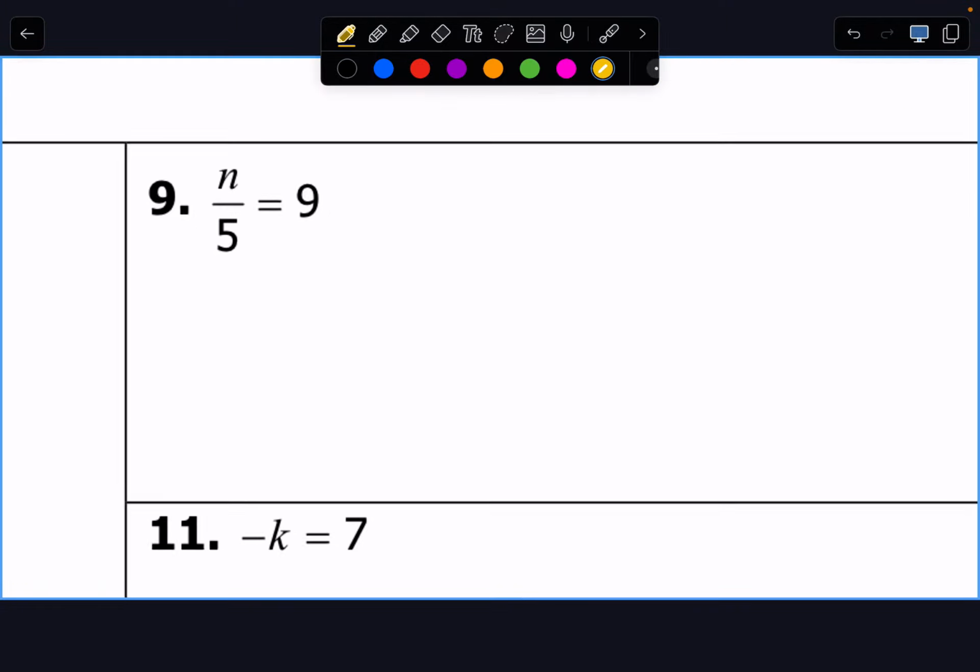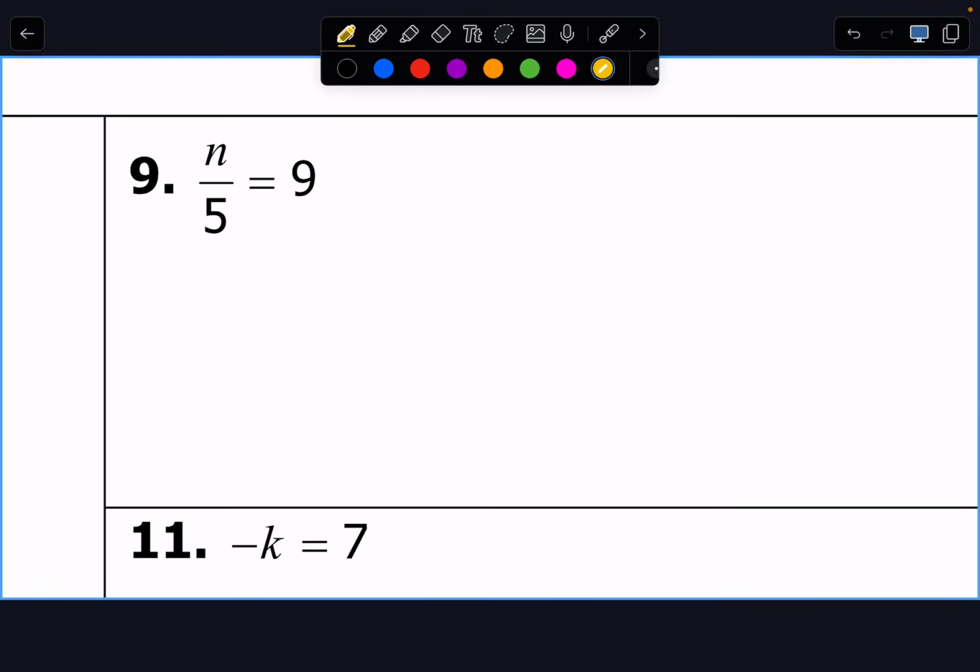All right, so let's go to number 9. All right, drawing my fence. I'm identifying where my variable is. Jacob Tanner, what number do we need to move? We need to move the 5. I want N by itself, but N is with the 5. Boo.